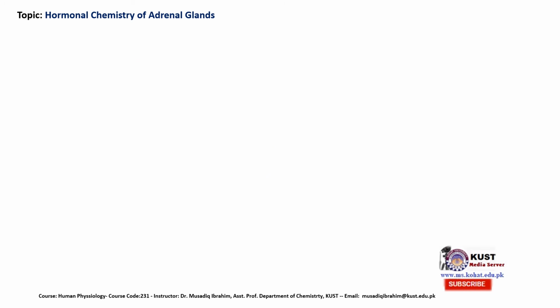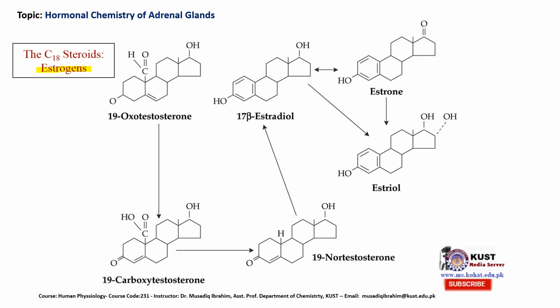So now moving towards the C18 steroids, which are also known as the estrogens. Here you can see that first of all we have 19-oxo-testosterone, which is being converted into 19-carboxy-testosterone.